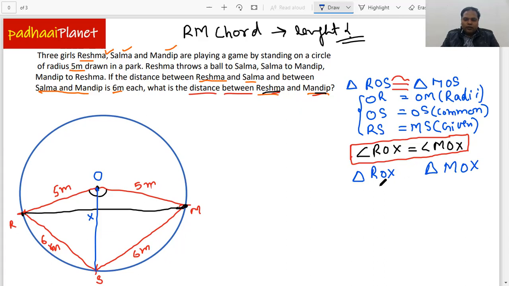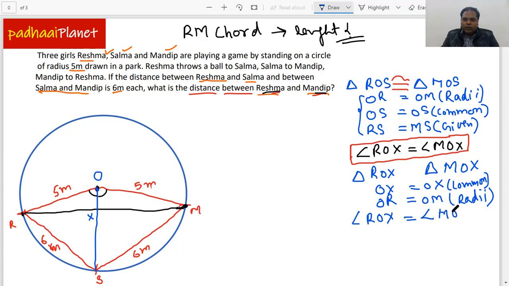Here we can say that OX is equal to OX, again that's the common side. Then we can also say that OR is equal to OM, that's the radii. And the third property is the one we just proved here: angle ROX is equal to angle MOX.